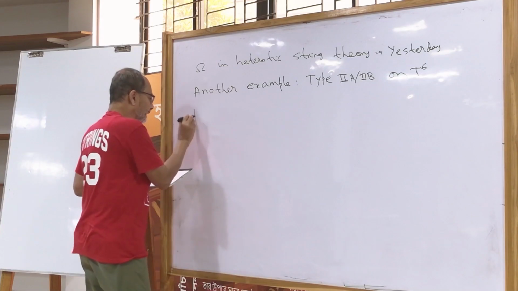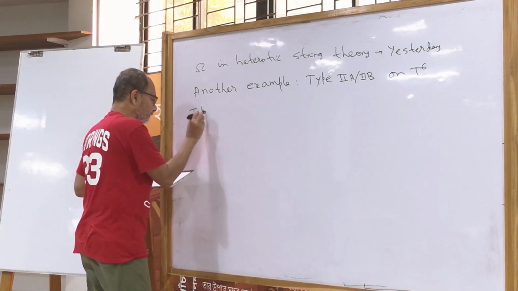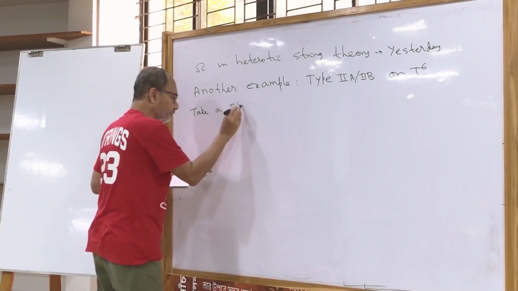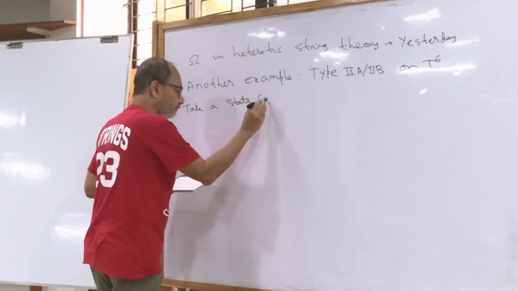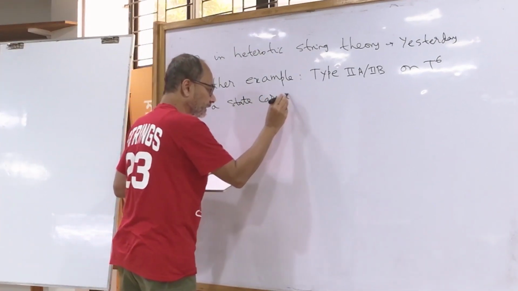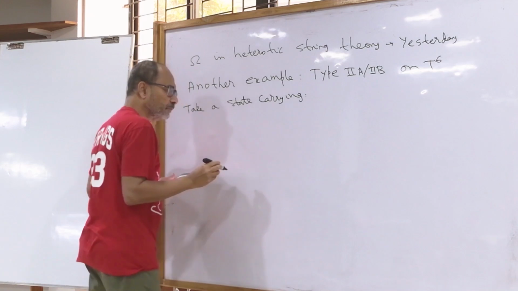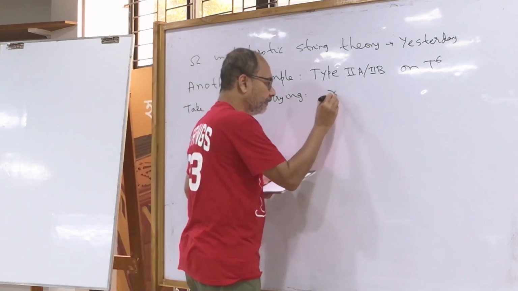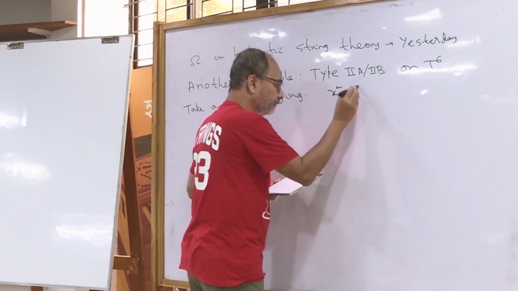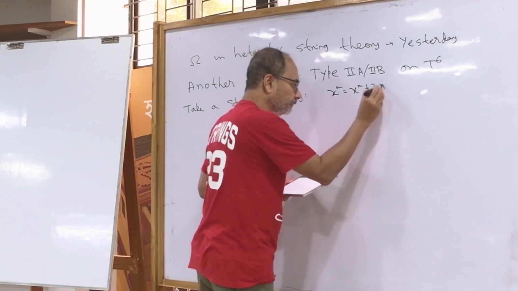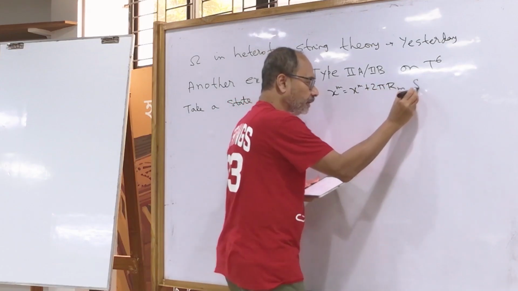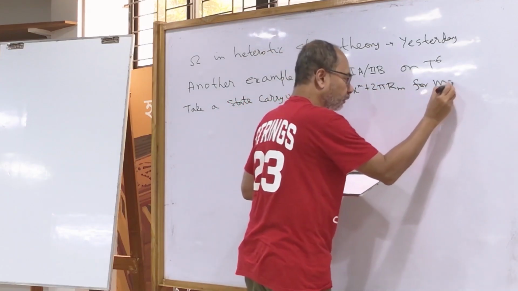So, you take a state that carries the following charges. Again I take xm equal to xm plus 2 pi rm for m equal to 4 to 9.